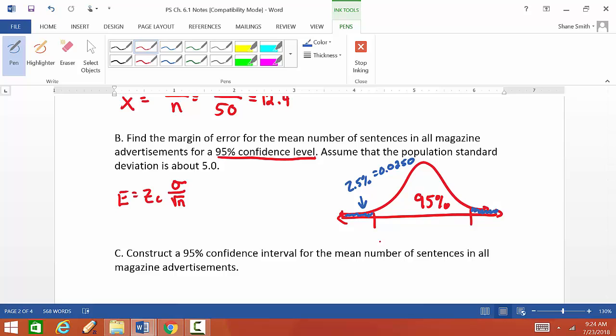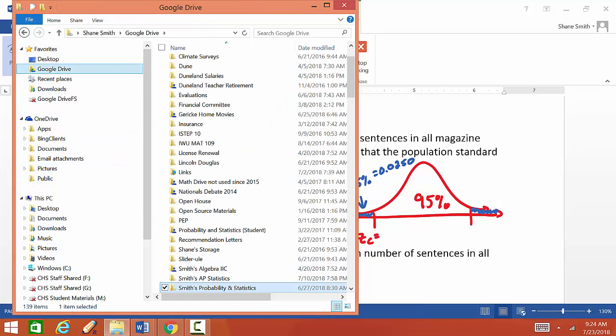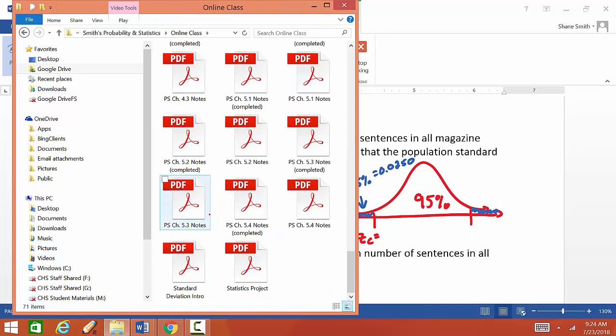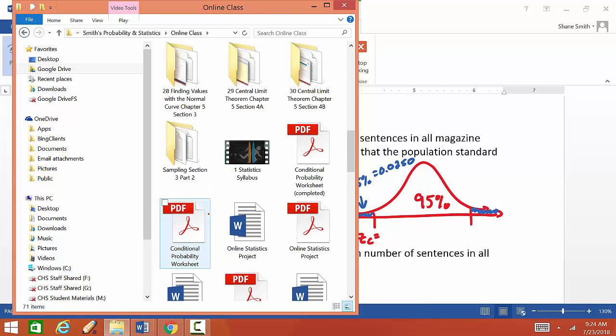So we need to find our z sub c for 95% confidence. And we need to look up 0.0250 in our chart because that's the area to the left. So the normal distribution chart is not going away. We need to look that up. Okay, so let me get my, I believe I saved it in here.